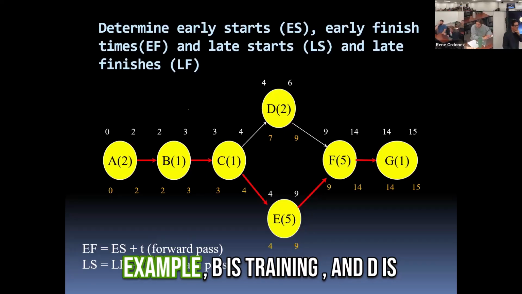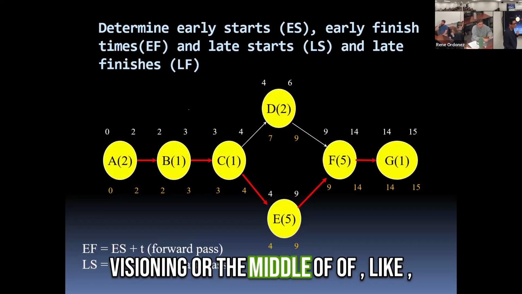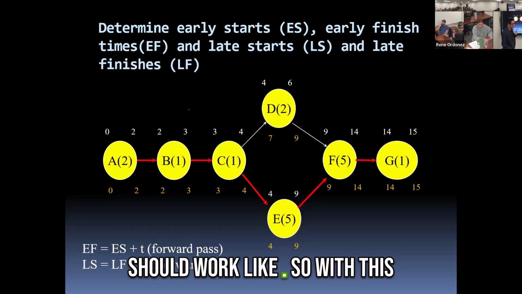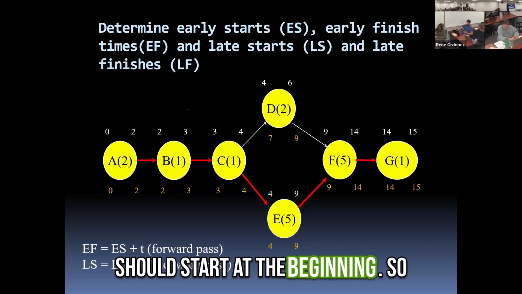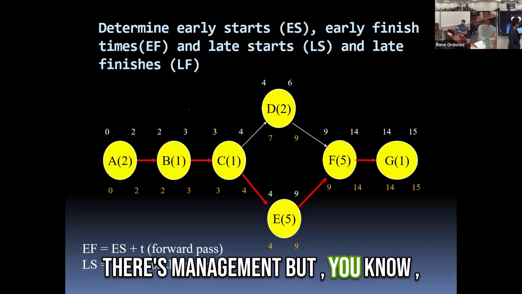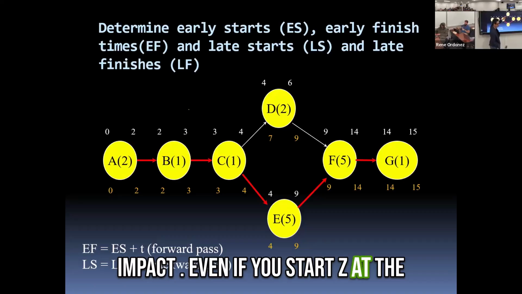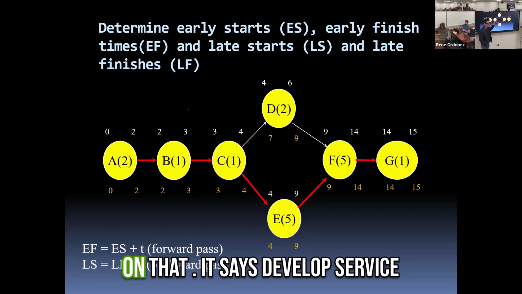In the example, E is training, and D is coming up with a strategic vision or goal of what your service should look like. So in this particular example, I would say it should start at the beginning. But it doesn't really have an impact, even if you start D at the beginning. It will not have an impact on D nor on F.